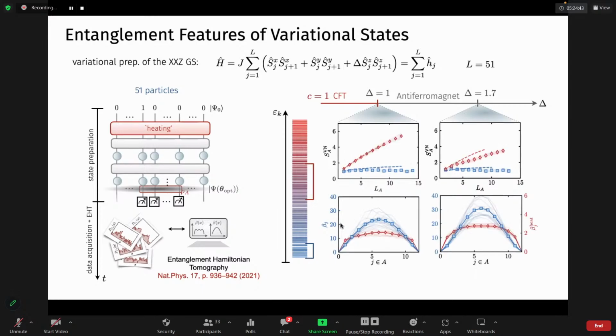When we look at the situation there, we see that the von Neumann entropy scales linearly in the subsystem size, so it looks like we have a volume law. Also in the temperature profile of the entanglement Hamiltonian, we see that it develops a plateau that is flat, and is actually constant as a function of the system size.